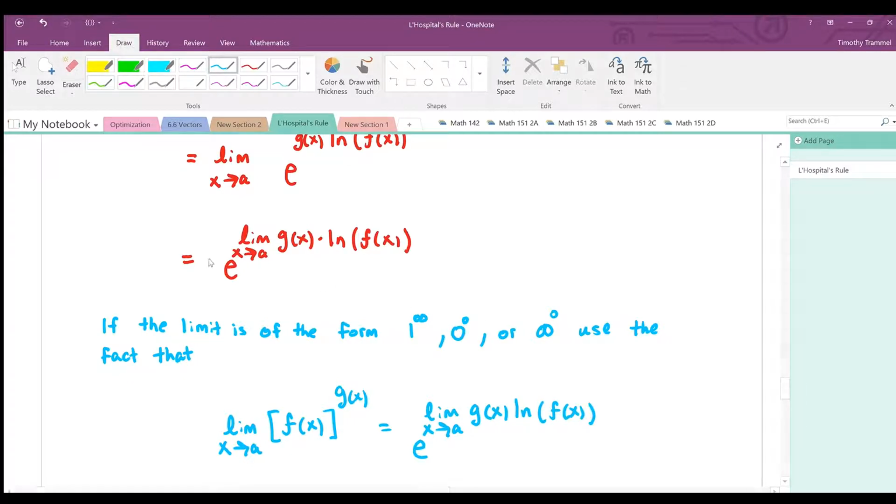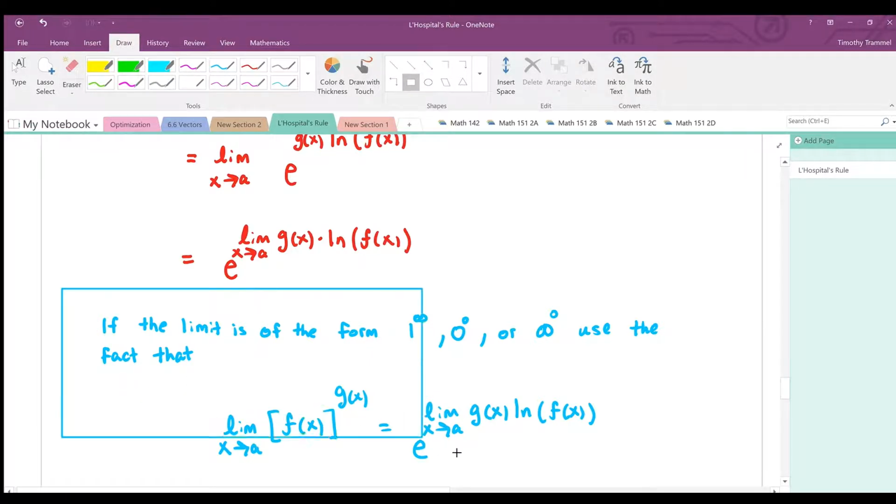And this is exactly what we're going to do in our next example.